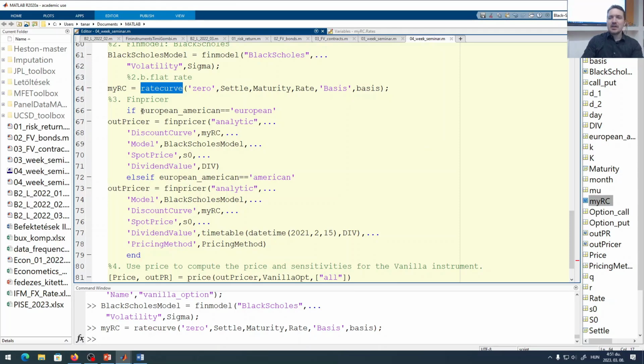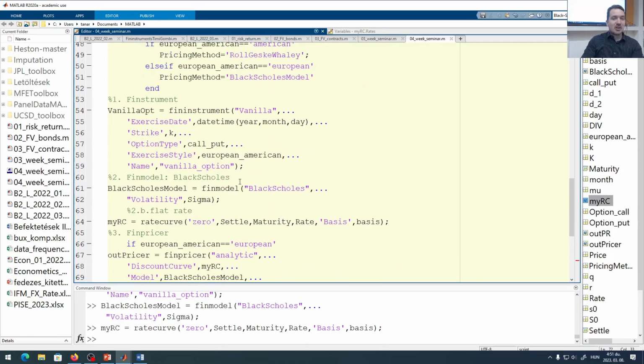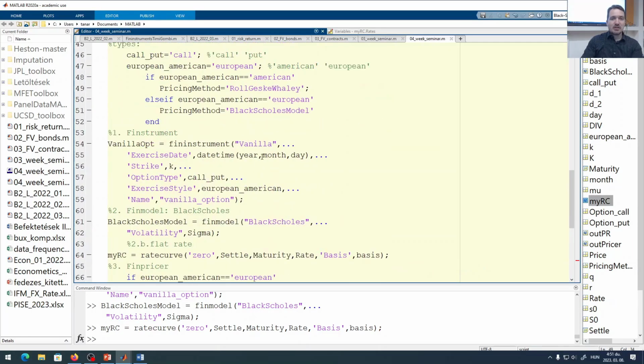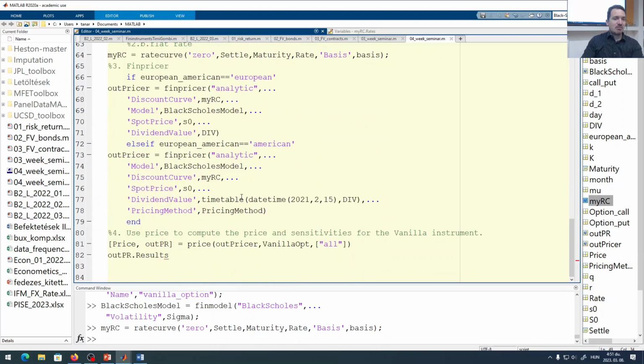I think all the financial toolbox uses the same logic. So okay, so analytic discount curve, rate curve, Black-Scholes model, which is funny because the Black-Scholes model will be referred also during the American option pricing, which is this one. But it's working this way, so okay.